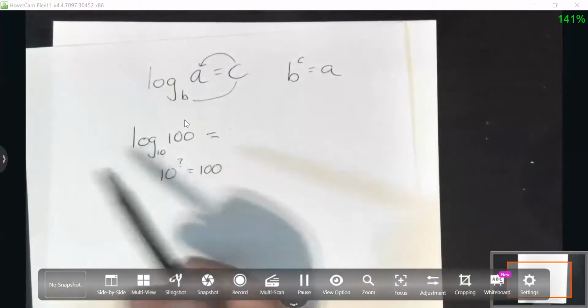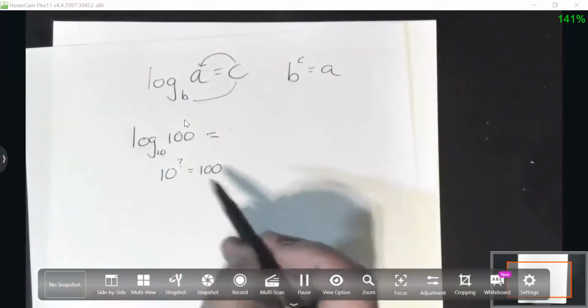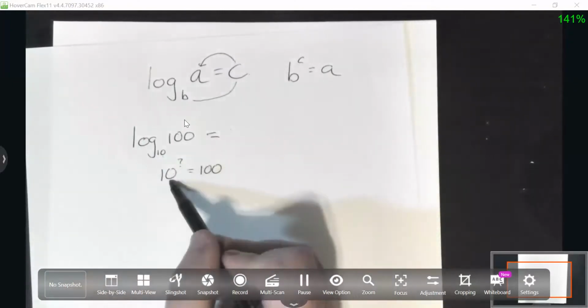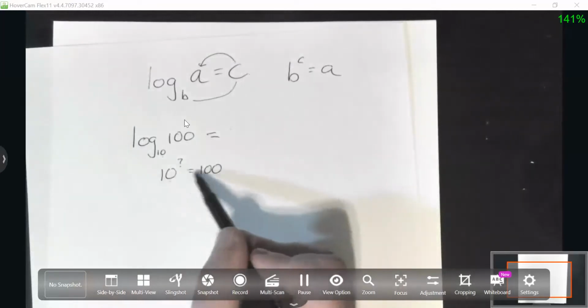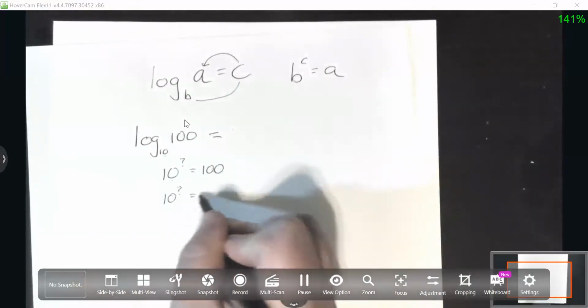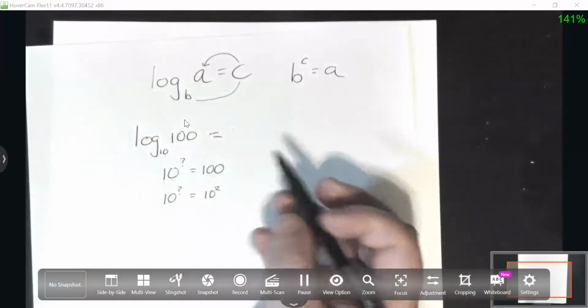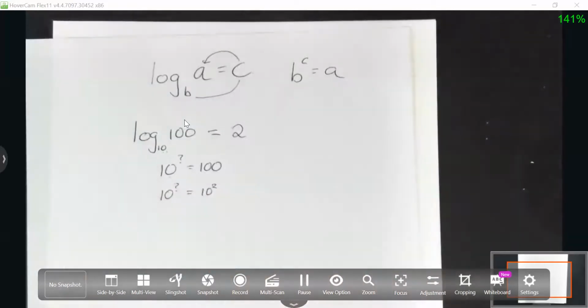Sometimes it's easy enough, we can just look at it and go, oh yeah, 10 squared is 100, so the answer is 2. Other times, if it's a little more difficult, we can break this statement down. I'm going to rewrite this in terms of 10. Well, I know it's 10 squared. So we're saying 10 to what power is 10 squared? So my answer is 2. So log base 10 of 100 is 2.